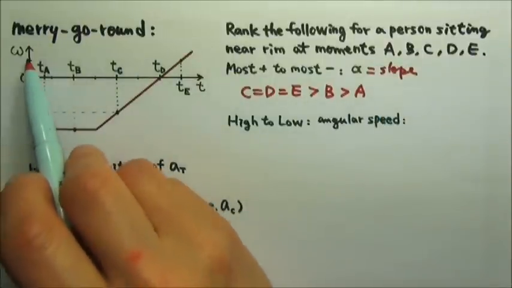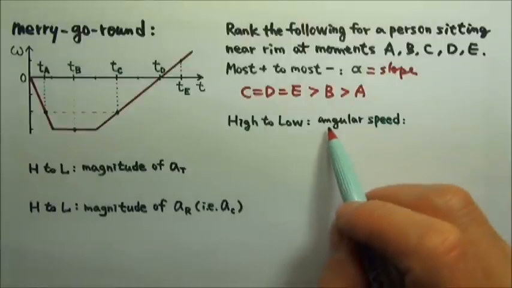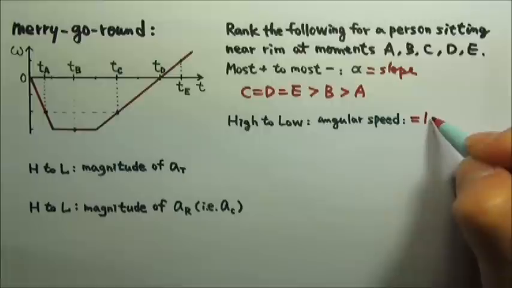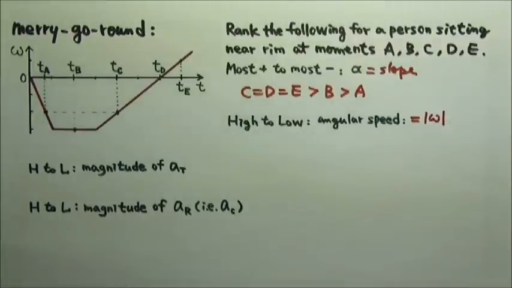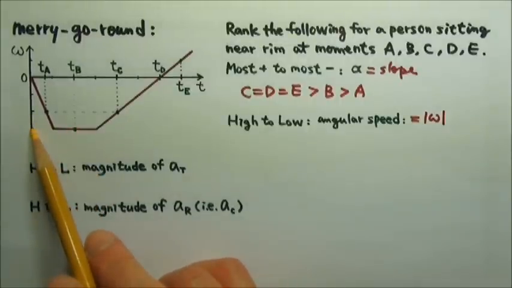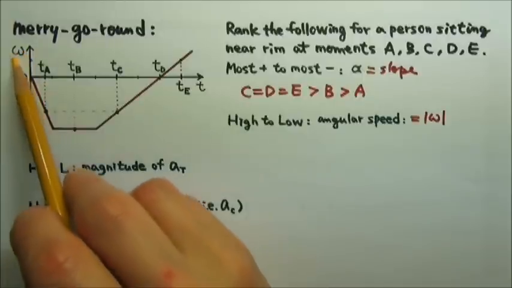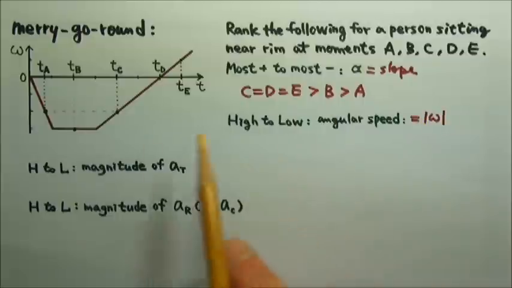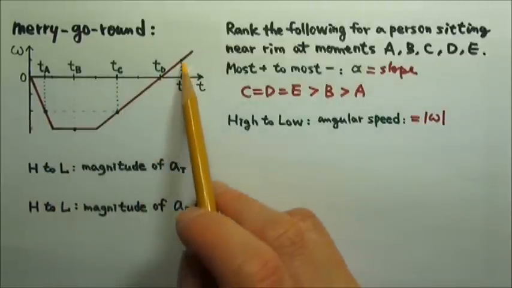The graph gives us the angular velocity, but we want to rank angular speed, which means the angular speed is the absolute value of the angular velocity. Because if the angular velocity is -3, the angular speed would be 3. So we just have to look at the absolute value of the graph's reading.